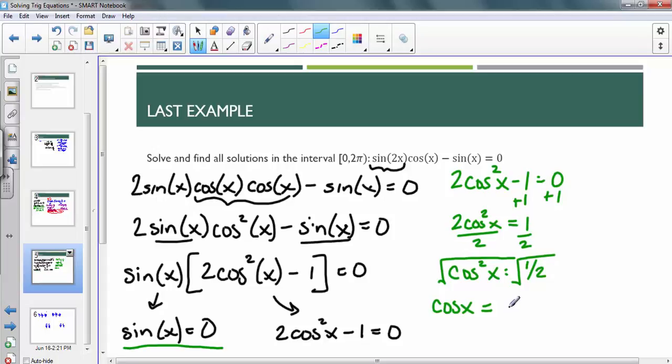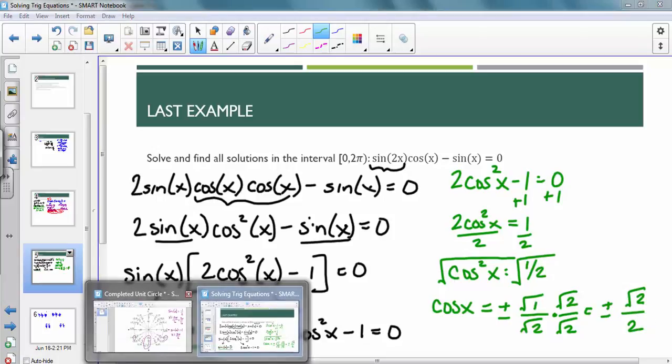Now remember, when you take the square root of both sides, you now have a plus and a minus. And I need to get rid of that radical in the denominator, so I need to multiply both the numerator and the denominator by root 2 over 2. So I get cosine of x equals plus and minus square root 2 over 2.